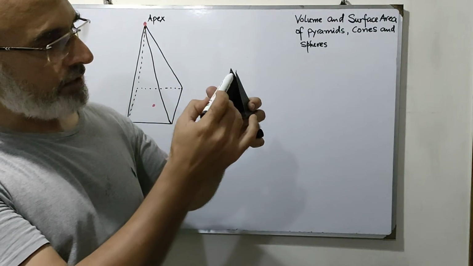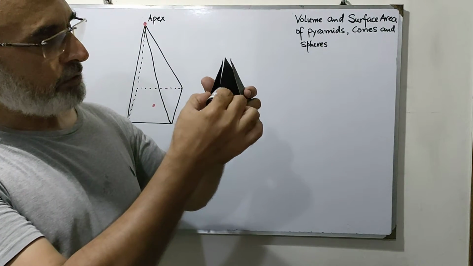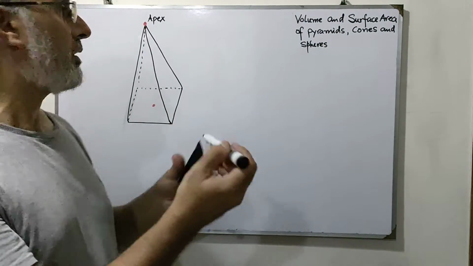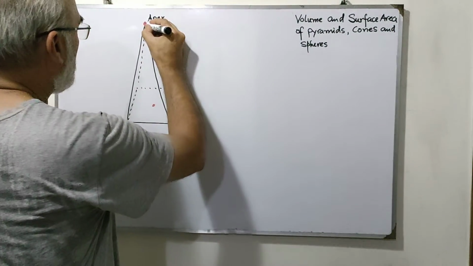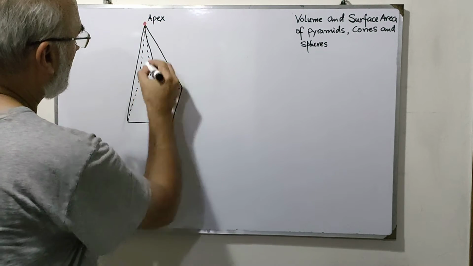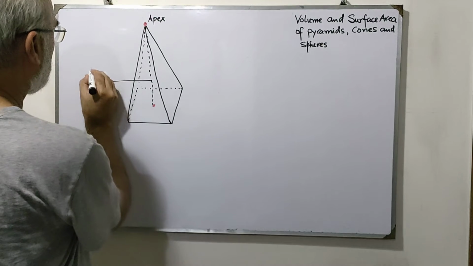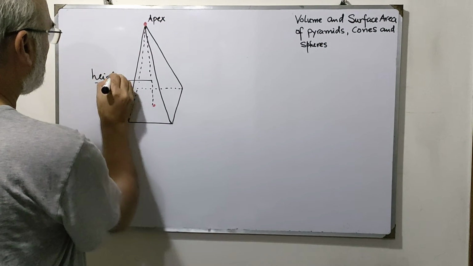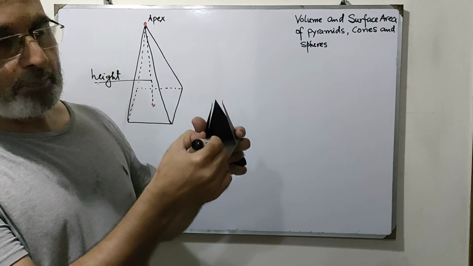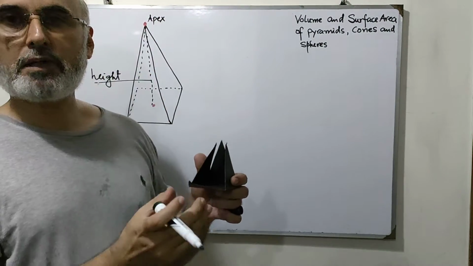Now the height is from this apex to the base. From this apex to the base, here, if I draw a dotted line, now this is the height. See, from this apex to the base, this is the height of the pyramid.